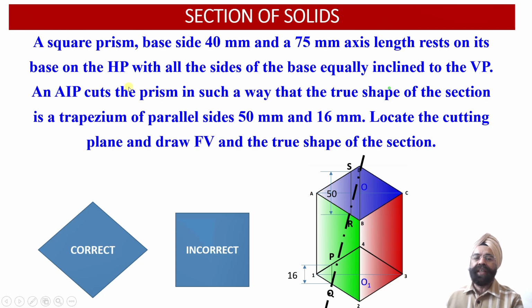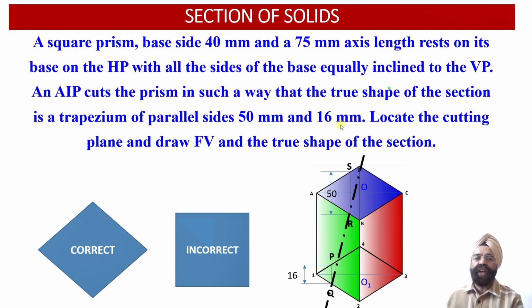Now we have been provided with the information that the true shape of the cut section of this square prism should be a trapezium having two parallel sides measuring 50 mm and 16 mm. In order to obtain a trapezium, we must have 4 points of intersection of the cutting plane with the faces of the square prism.